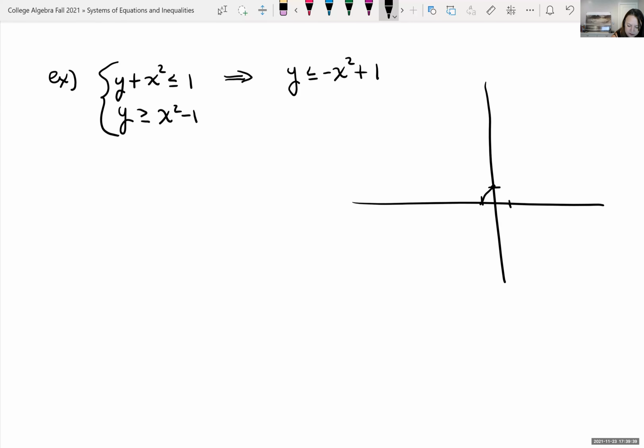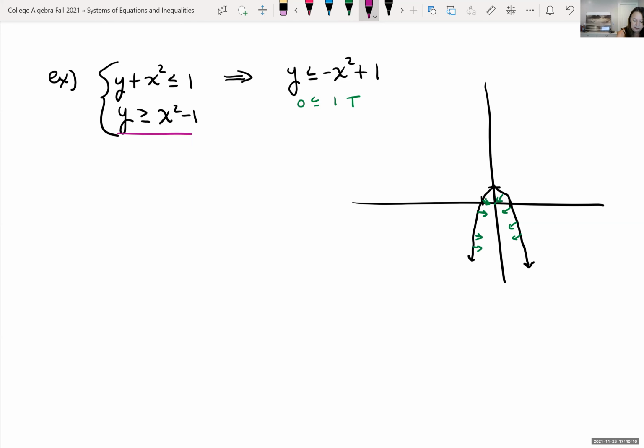And so we have this parabola shape in here. This is less than or equal to, so my guess is I'm shading inside of that parabola shape. But again, I can always test it with a point. If I plug in (0, 0), 0 is less than or equal to 1. This is true, so shading within here is correct. Okay, so let's graph the other equation.